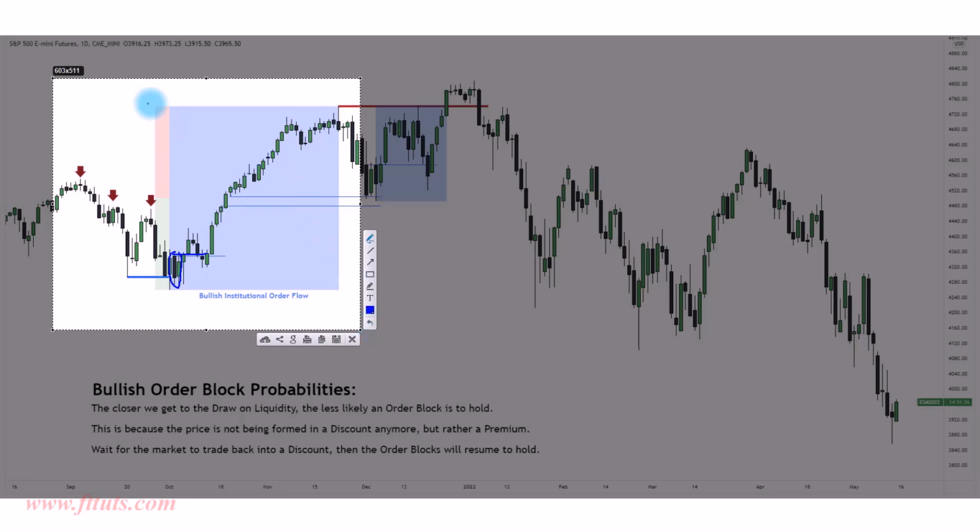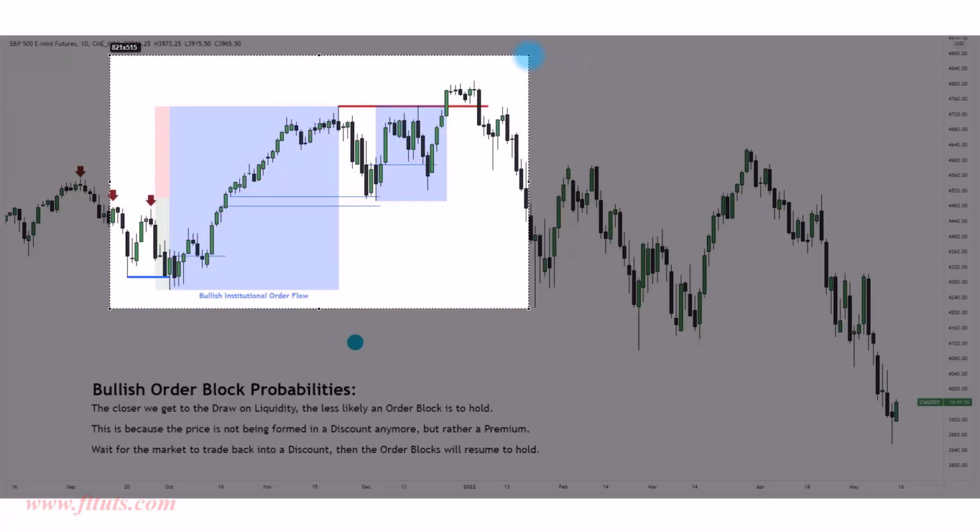So if we look here, this is where a high forms. This order block here, since it's in the premium to the left, when price comes to test it, it doesn't hold. What about this one? When price comes to test it, does it hold? No, because we're still in the premium. But once we get down to fair market value, which is equilibrium, levels can start to hold again if it's bullish, and that's why you see this fair value gap hold. So now we're back in bullish conditions.